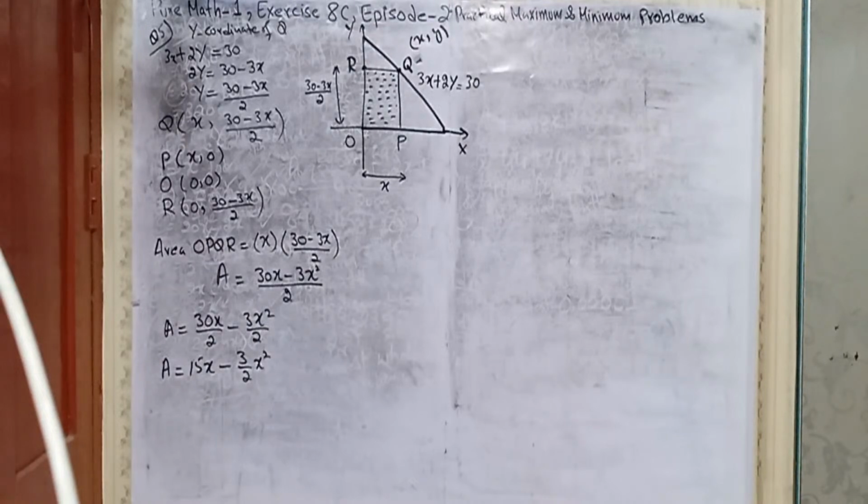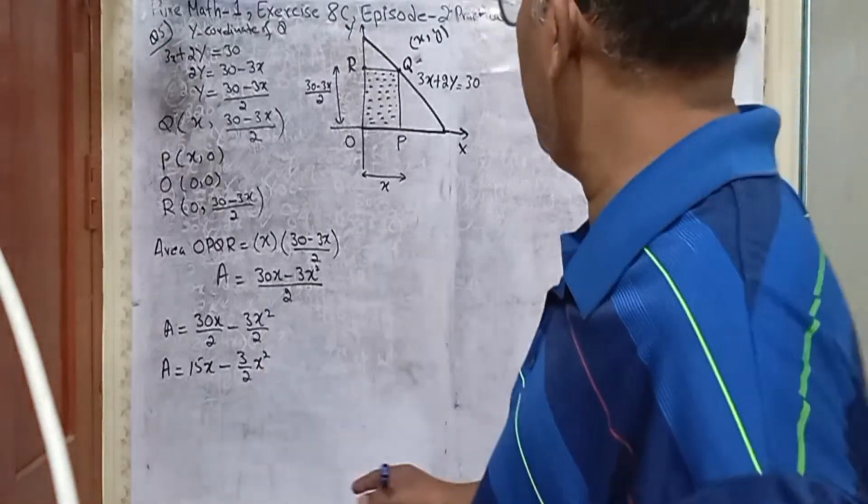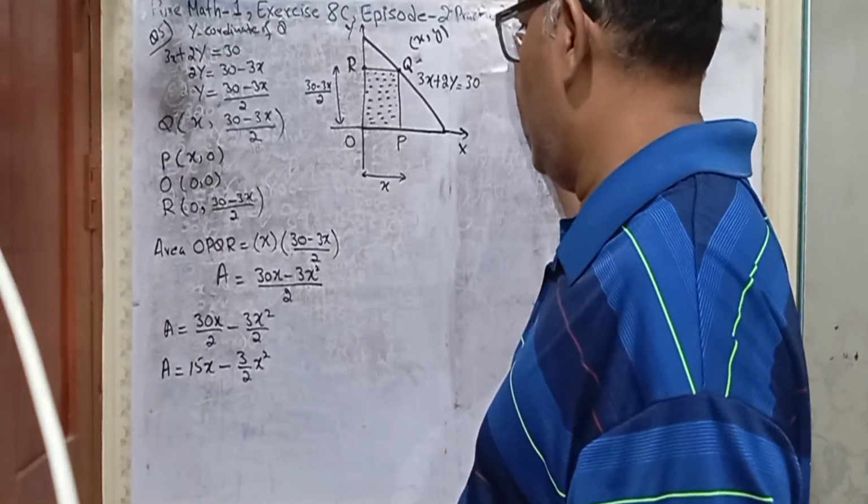Okay. Now, in question number 5, in part b, they say given that x can vary, find the stationary value of A and determine its nature. So what I will do is differentiate it.